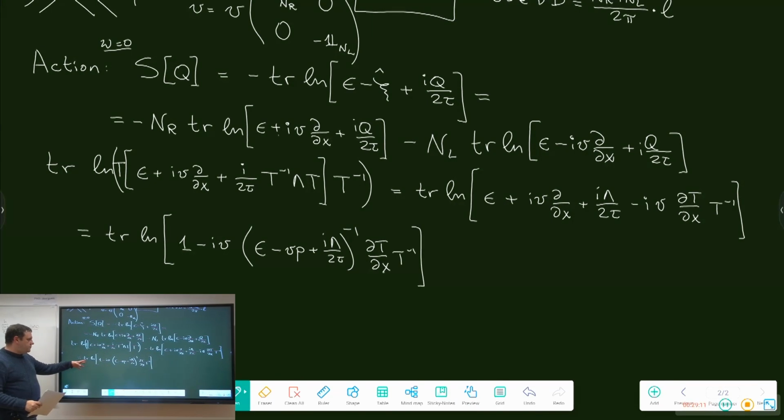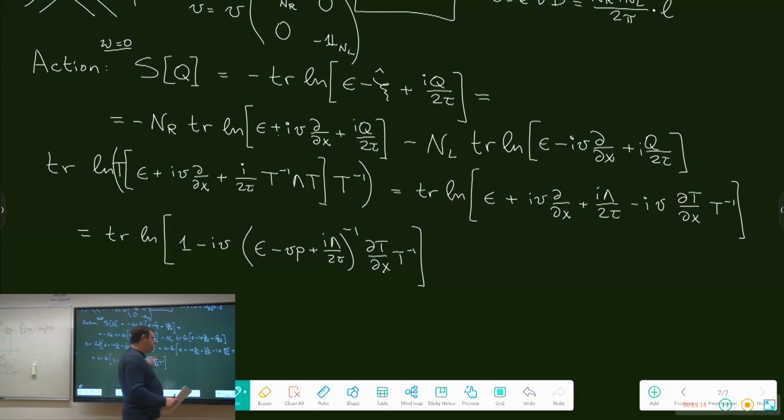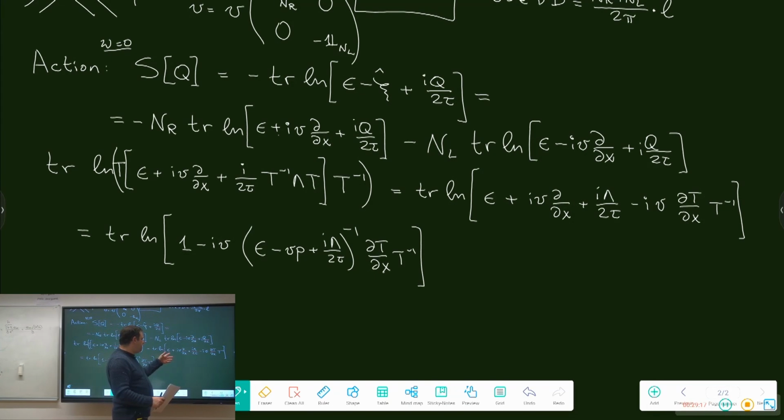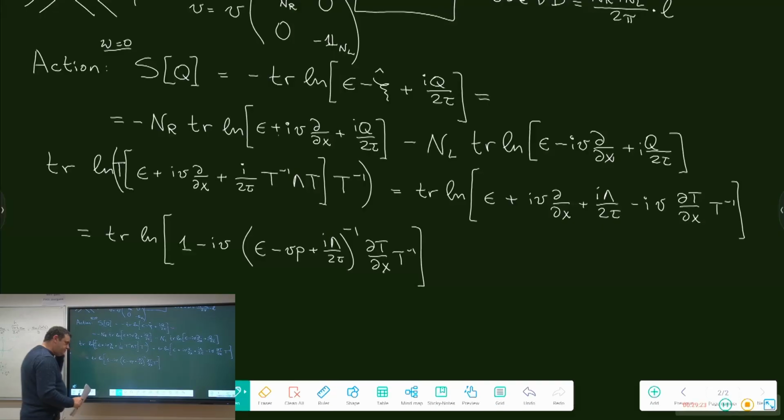So it's a logarithm. I took the logarithm of this first part away, and what is left is 1 plus this thing multiplied by the inverse. It's my Green function, actually. It's what was called g last time. Since it's a gradient expansion, I now expand in this whole term. So 1 is the main term, and this is a small correction.